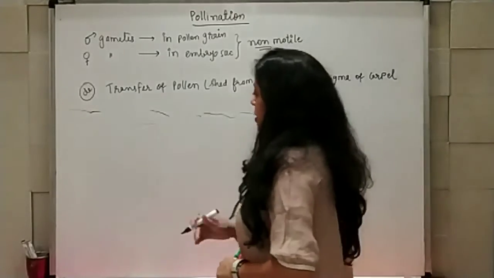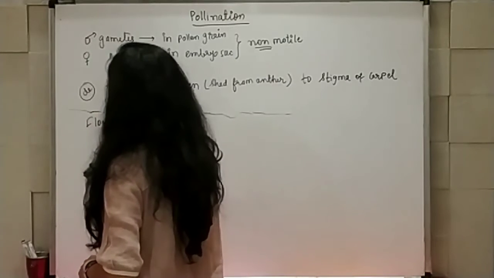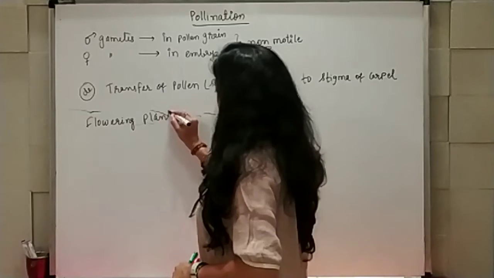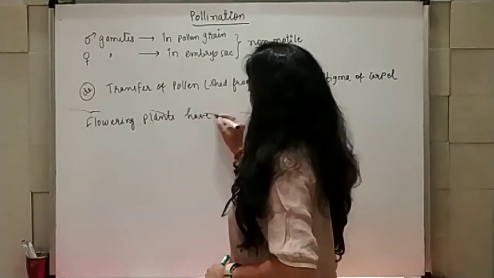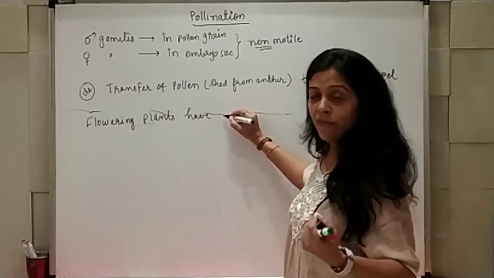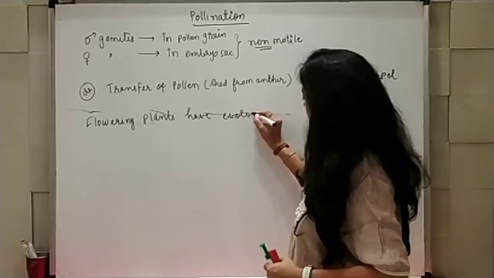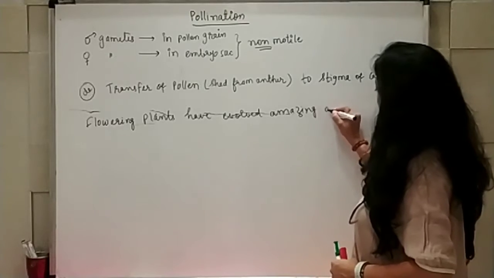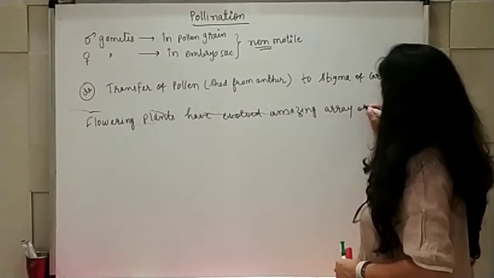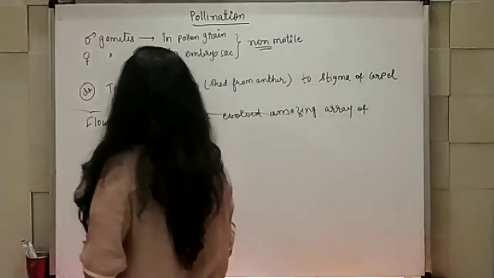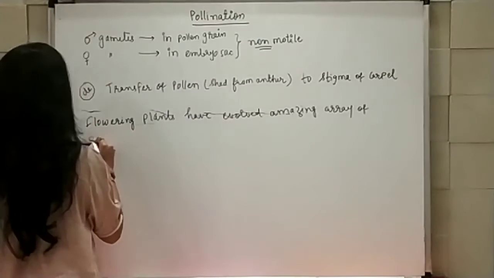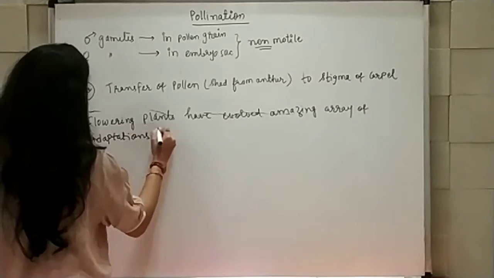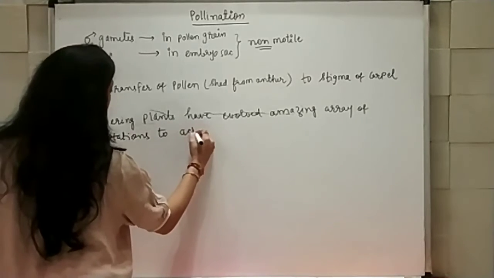And for that, flowering plants have evolved an amazing array of adaptations to achieve pollination.